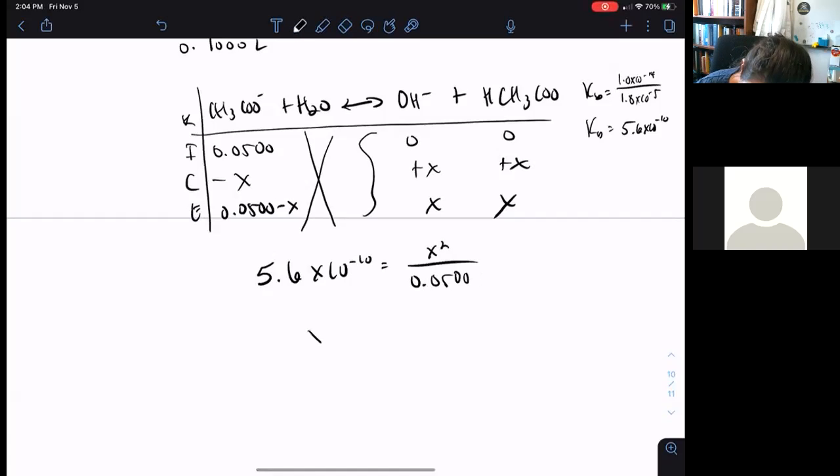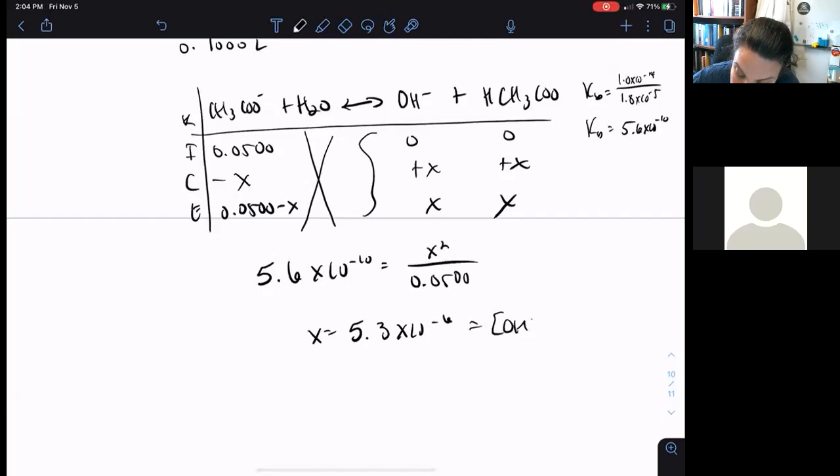And then when we do that, we get an x value equal to 5.3 times 10 to the negative 6, which is equivalent to our hydroxide concentration.